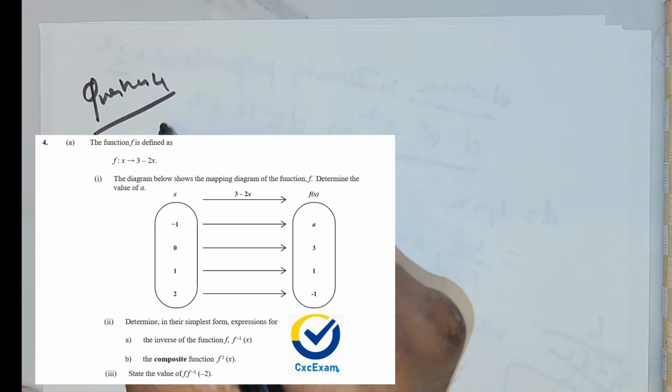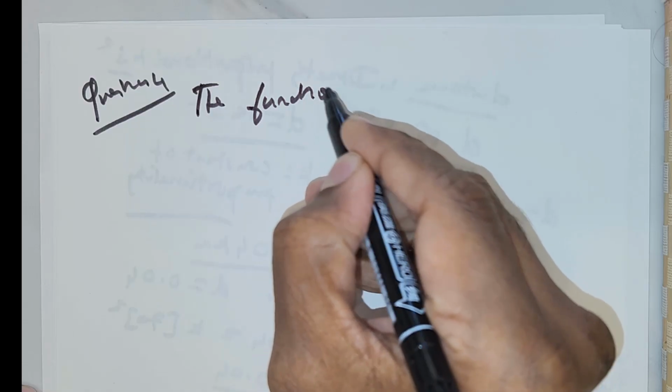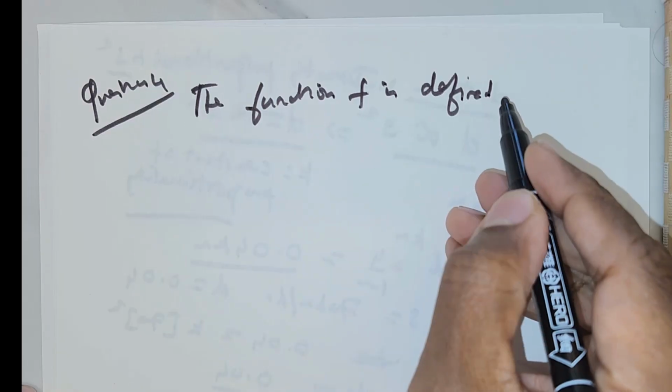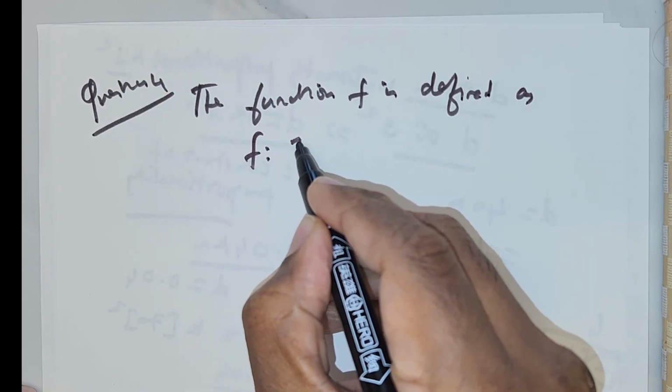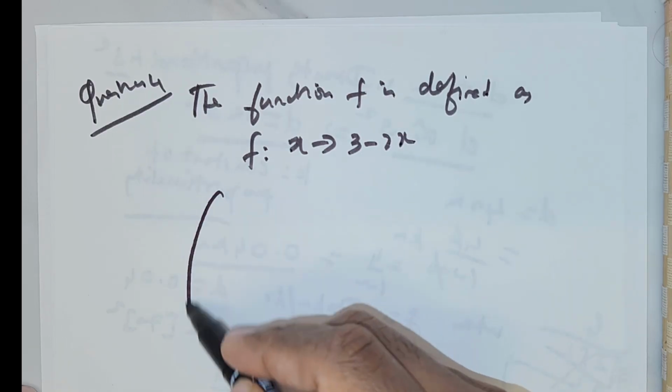Okay, so this is question number 4. We've been given that the function f is defined as x going to 3 − 2x.